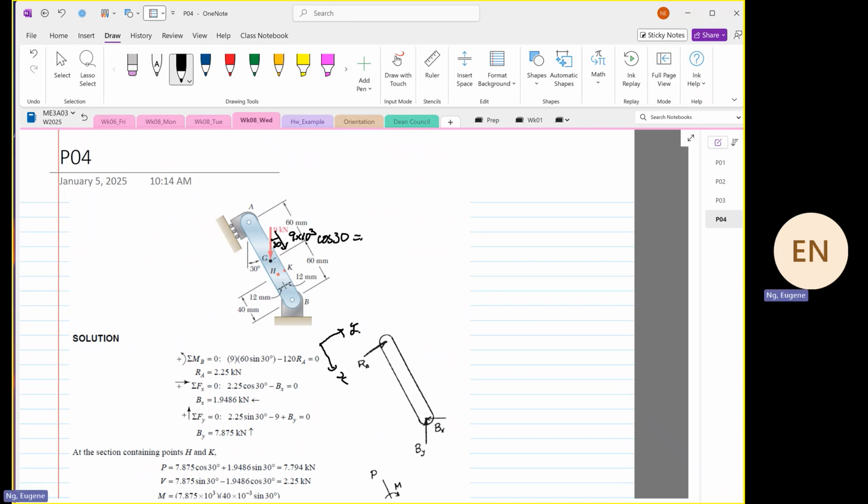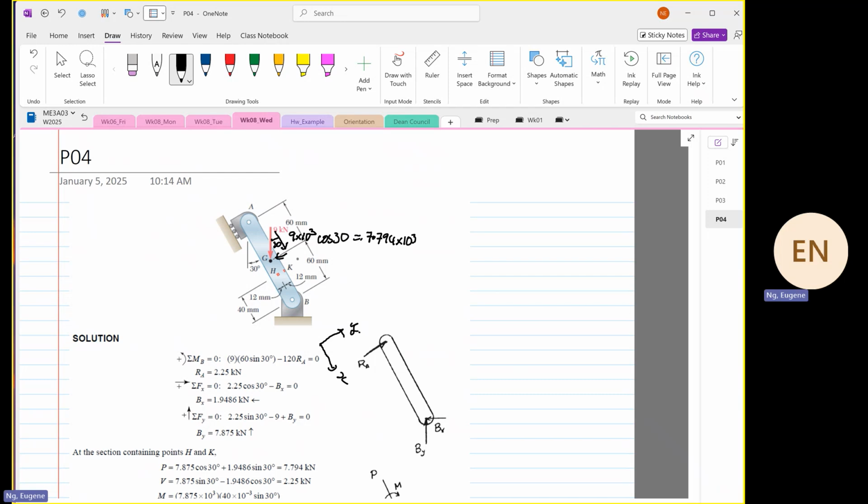Immediately we can compute this: 9 times 10 to the power 3 times cos 30, I get 7.794 times 10 to the power 3.